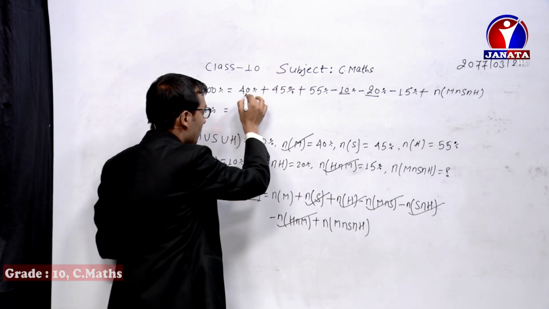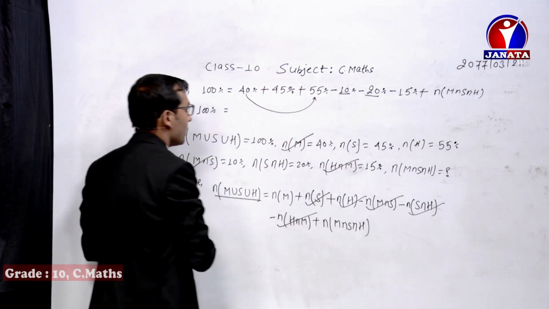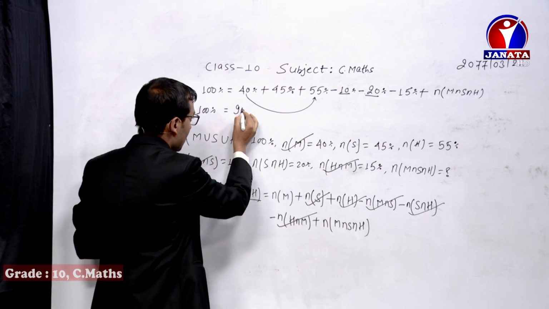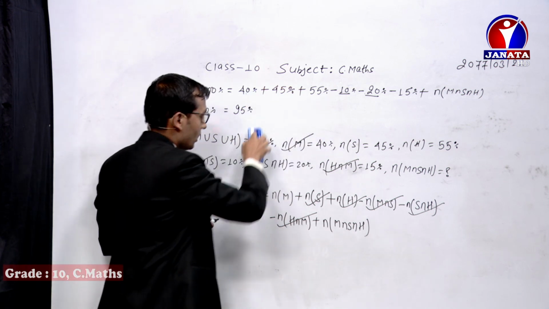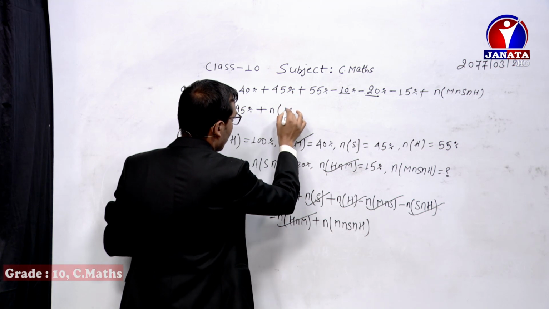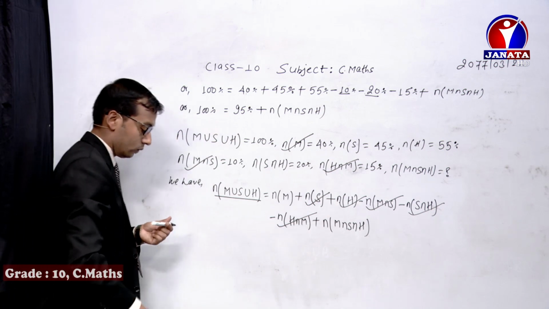So the terms left are only 40% plus 55%. So what is 55 plus 40? It is 95% plus N of math intersection science intersection H.